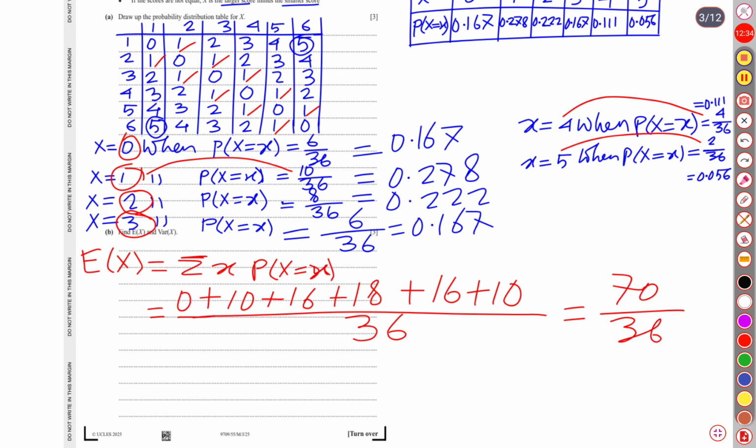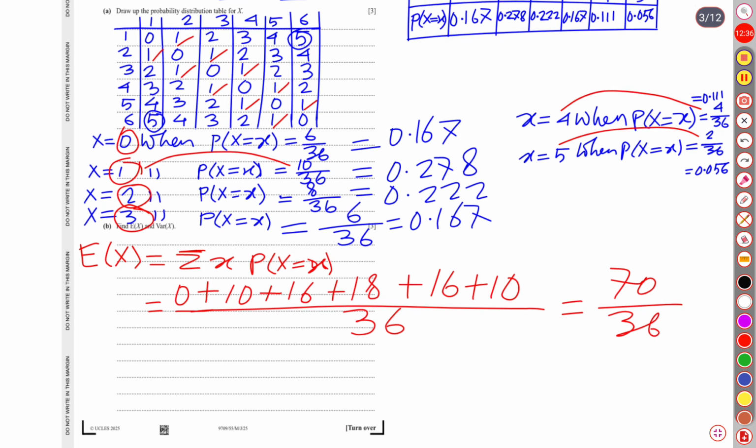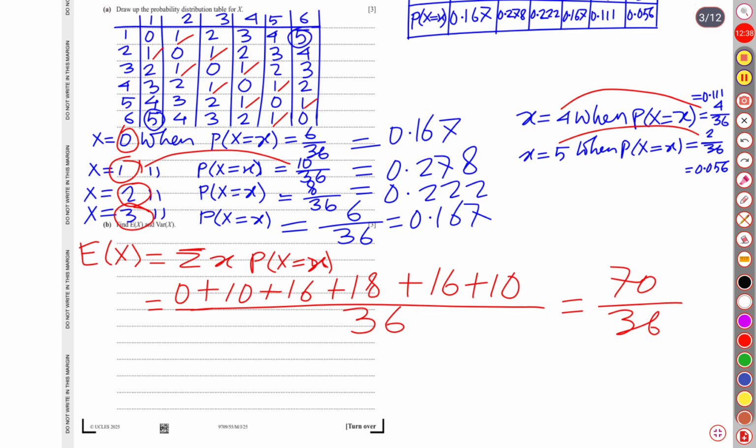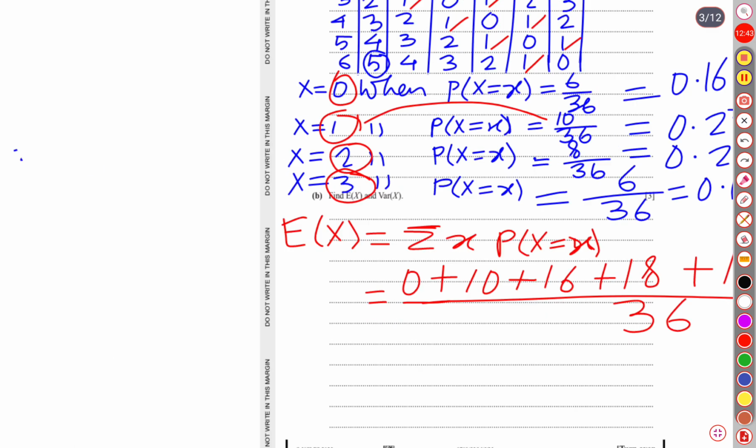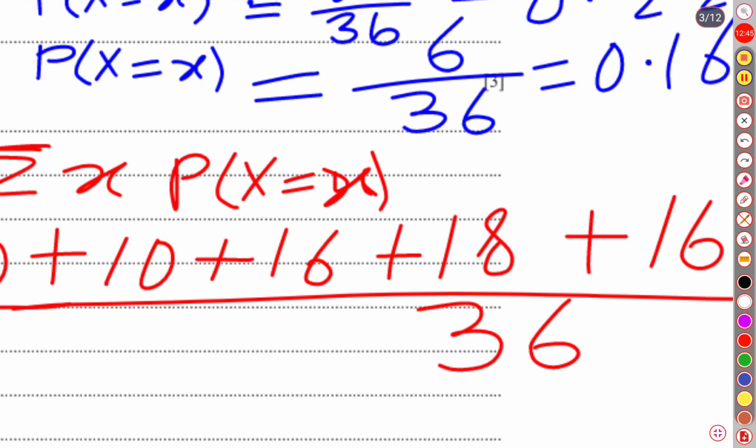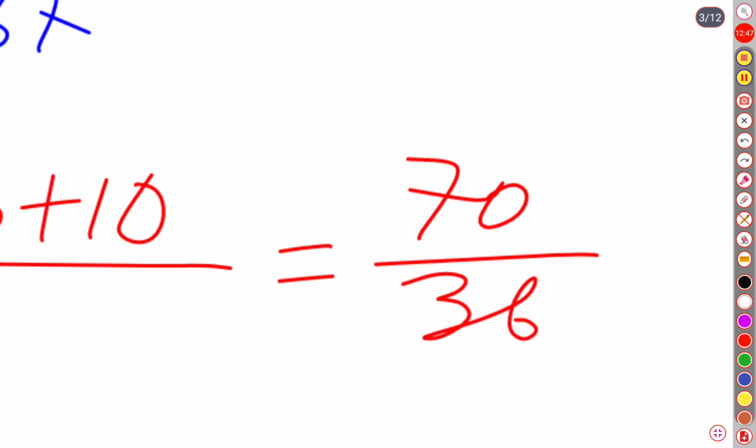If we round it to three significant figures, in decimal form, 70 divided by 36, let us use our calculator, it is 1.94. 1.94 is our mean value.